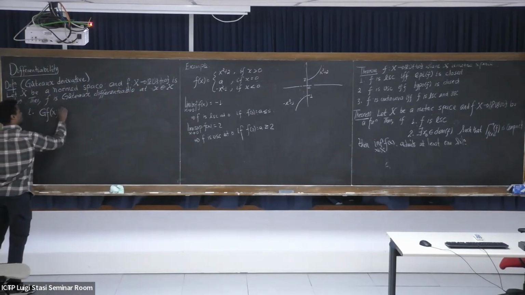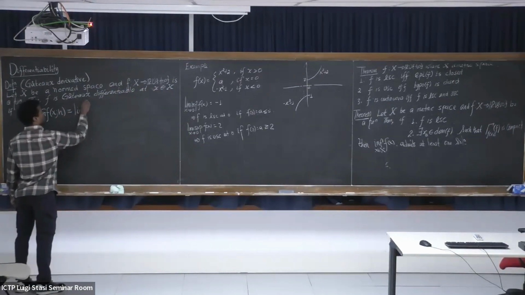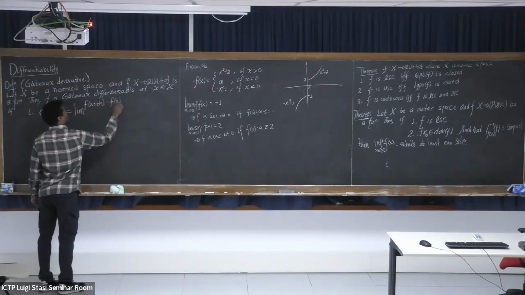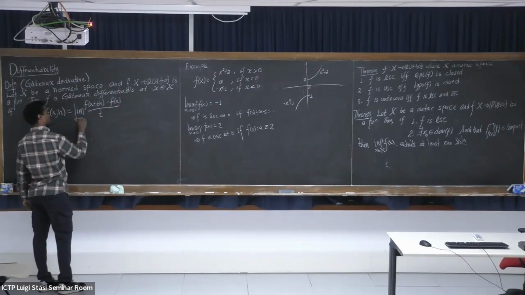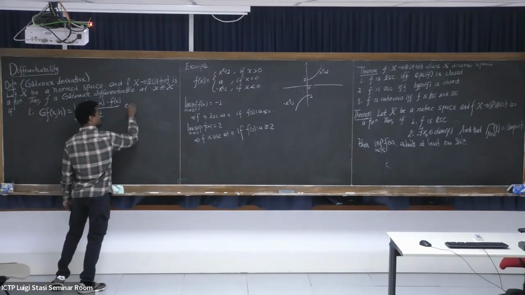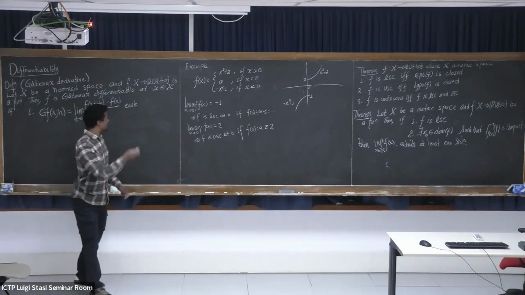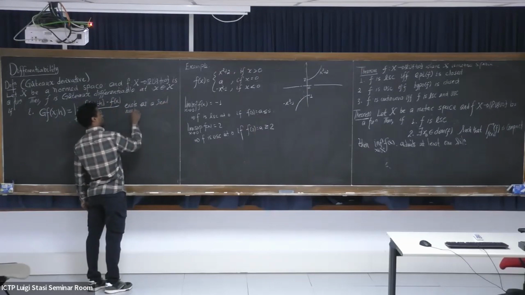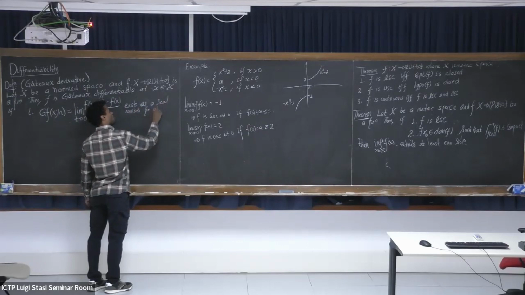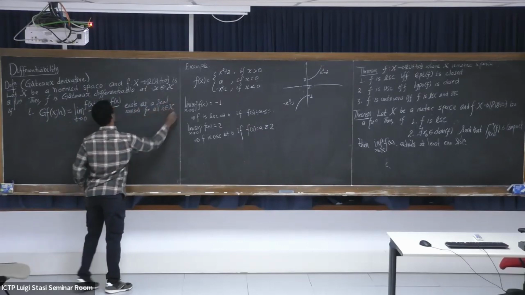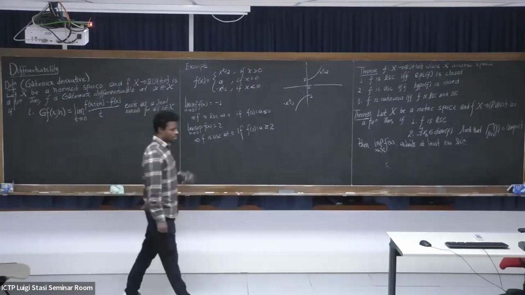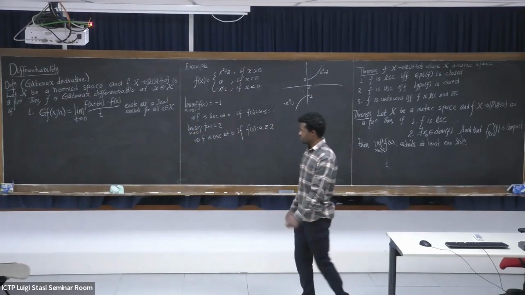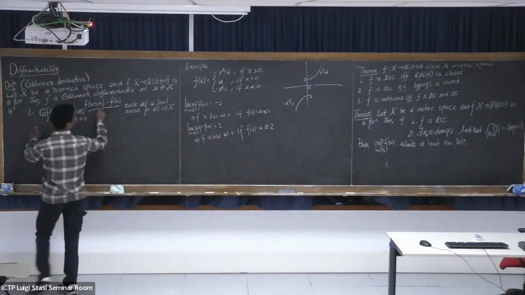If one, presented this way, this limit exists as a real number. For all h, this limit should exist as a point in the real set. But it should exist for all h, not only this one.